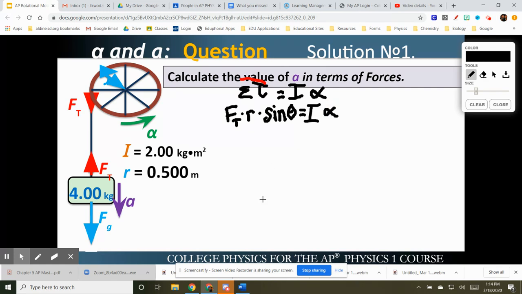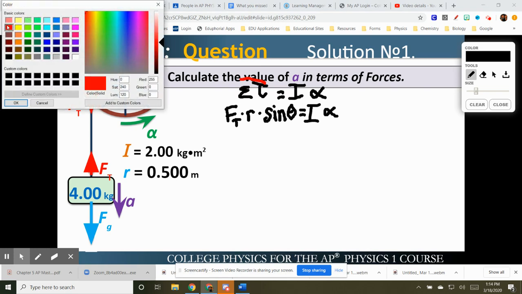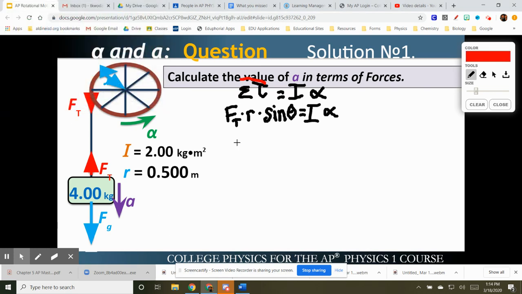We're solving this question in terms of forces, right? So the next step is we're actually going to solve for the force of tension. So go ahead and do some algebra. How would we solve for the force of tension? What equation would we get where Ft is by itself on one side?